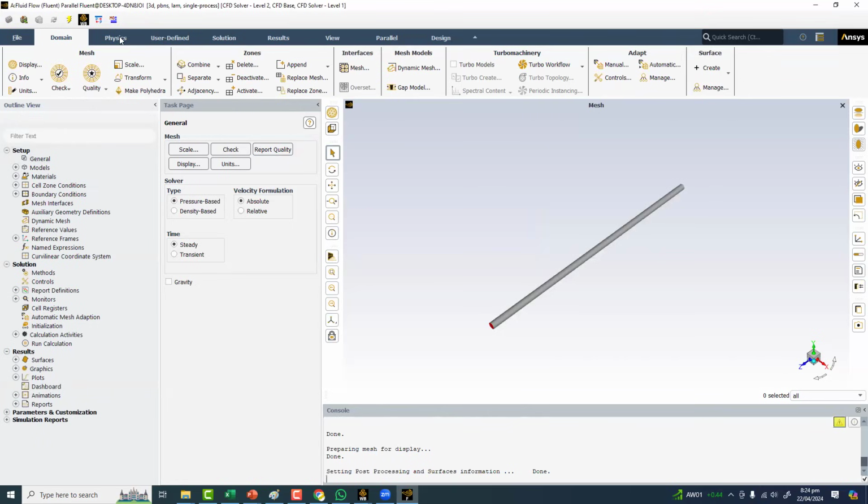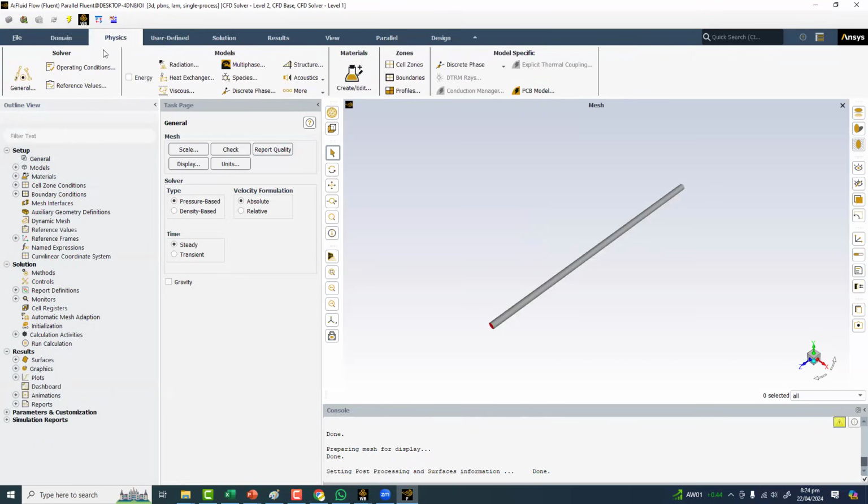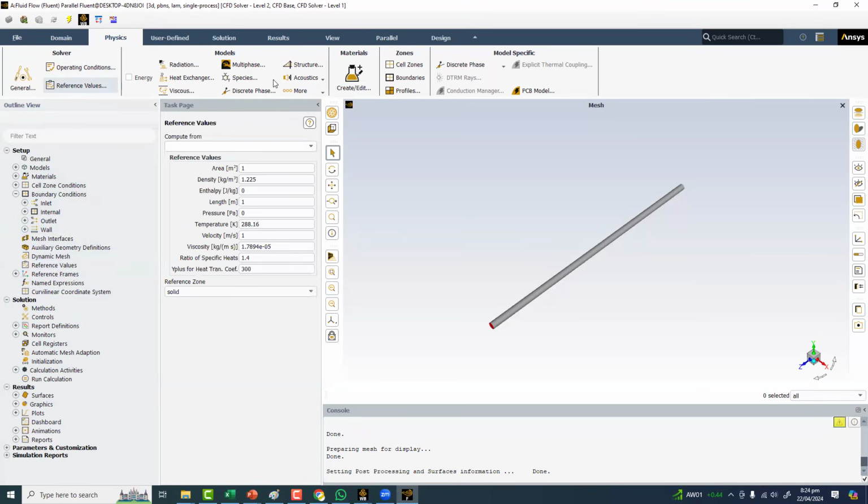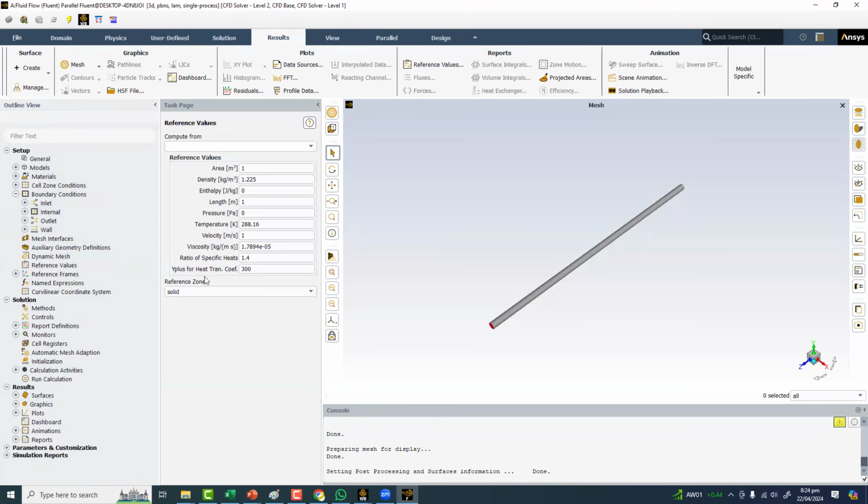For example, if we want to provide the operating conditions, then I can put the operating conditions directly from here, or I can go to the conditions over here. It's a boundary condition, and we don't have the operating conditions over here. So reference values you can always give from here. Or you can go to results and put the reference values, or you can put the reference values from here.